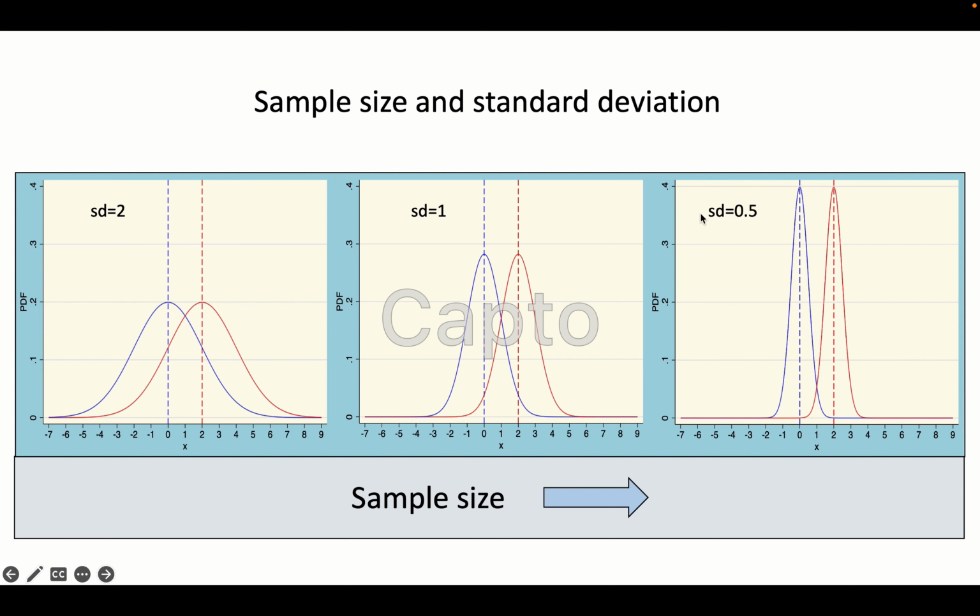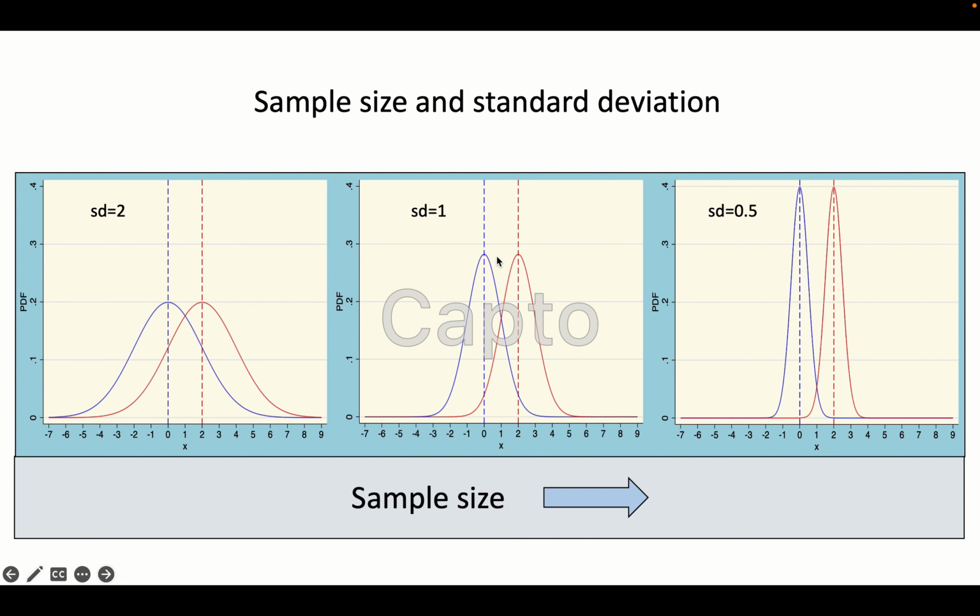means, right? So what I'm trying to say here is that for such a large standard deviation, it's going to be very difficult to demonstrate a difference between this mean and this mean, right? But then if you increase the sample size, you are going to decrease the standard deviation here.